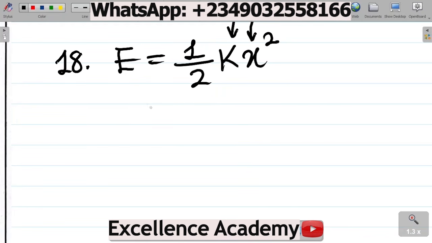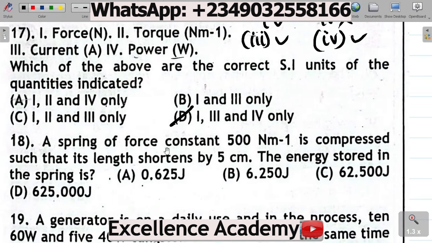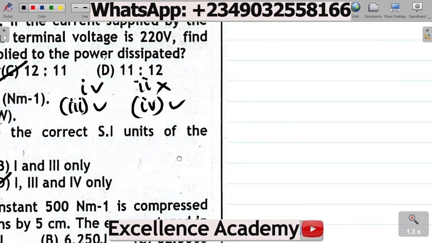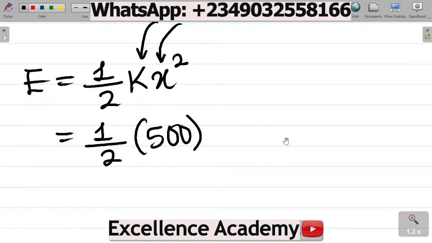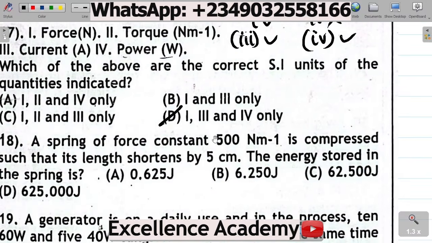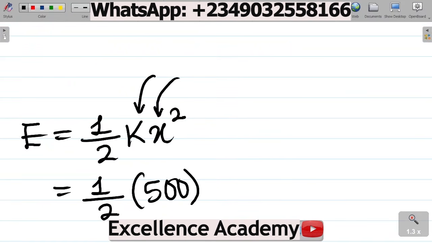This is equal to 1 over 2 times k. Force constant k is 500 Newton per meter, so half into 500. Then x squared. What is x there? x is extension, either extension or compression. They said it is compressed or shortens by 5 cm. So x is equal to 5 cm.